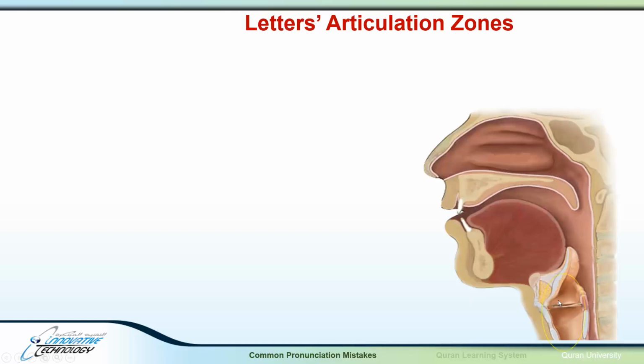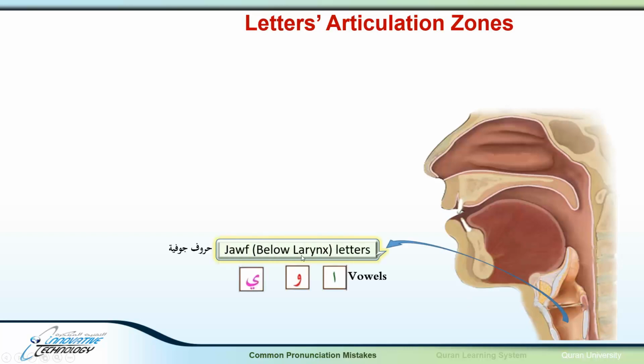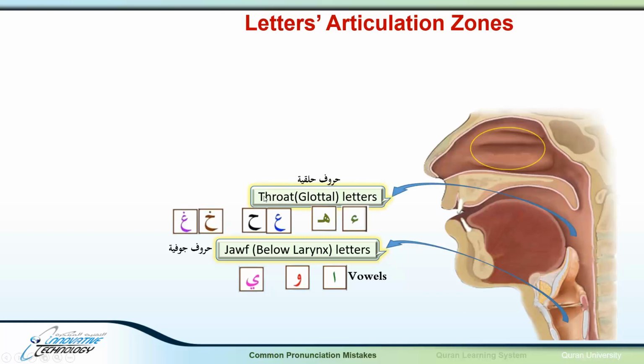The first group of letters comes from the larynx, and we call it the laryngeal or below larynx or jawf letters, and basically those are the vowels, al-huruf al-jawfiyya. The second group comes from the throat, and thus it's called the throat or glottal letters, al-huruf al-halqiyya.